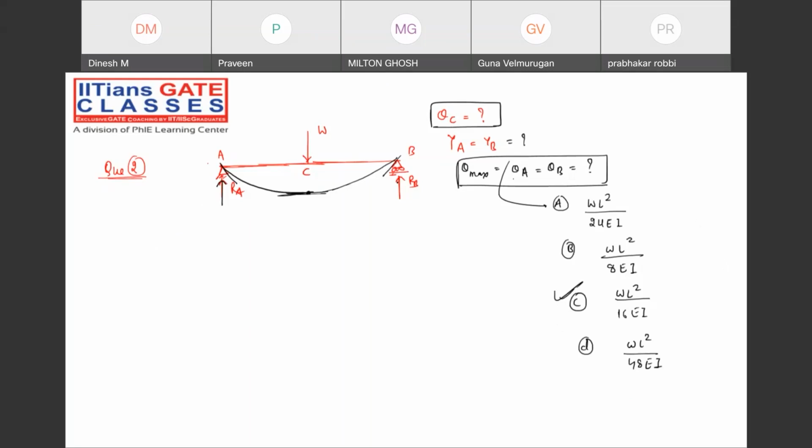Just check it out. Please check it out, all of it. It's very important. So very first of all, we need to follow slope and deflection. And what is the answer for slope? What is the answer for deflection? Same answer, but just replace L square with L cube. Try to solve.